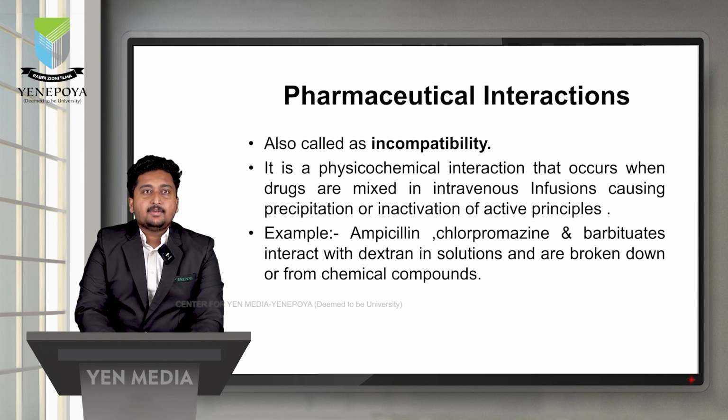For example, drugs like the antibiotic ampicillin, chlorpromazine, and barbiturates, which are sedative-hypnotics, interact with dextran in solutions and are broken down or form chemical compounds. That means some kind of reaction takes place between the active drugs and the infusion, which is dextran here. So they result in some kind of incompatibility, or inactivation of some of the active constituents.